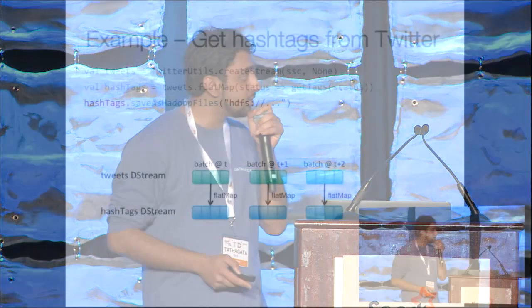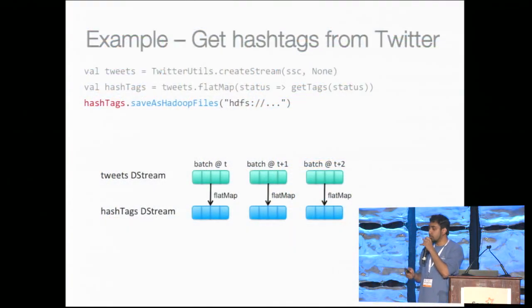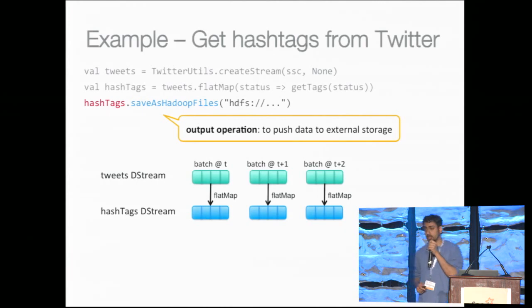Finally, once you have done all your data transformations, you're going to do something with the data, maybe push it out to HDFS. For that we have this operation called saveAsHadoopFiles, which saves each batch of processed data, in this case hashtags, as Hadoop files. These types of operations are called output operations.